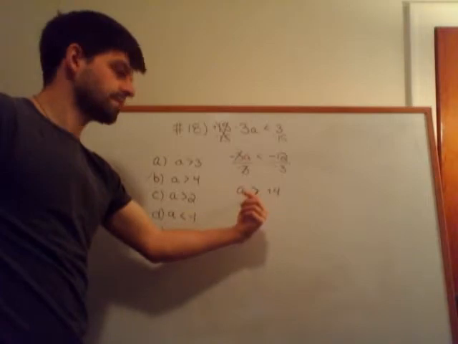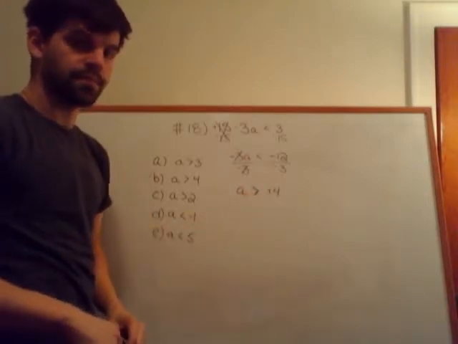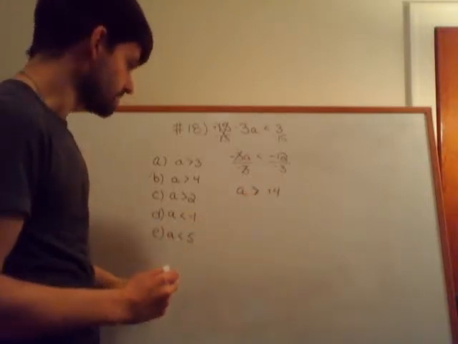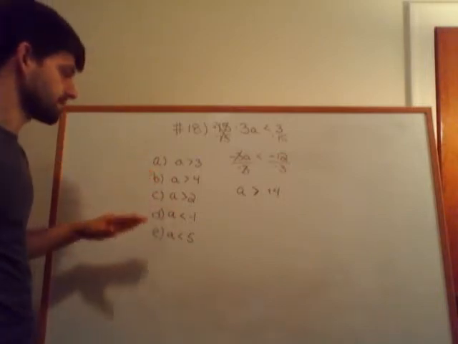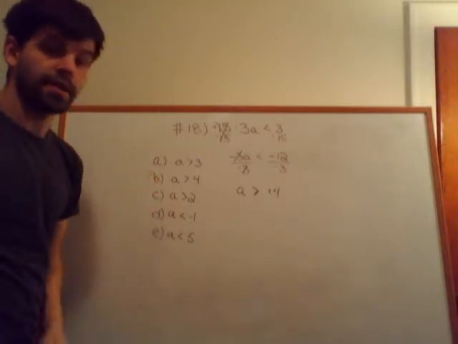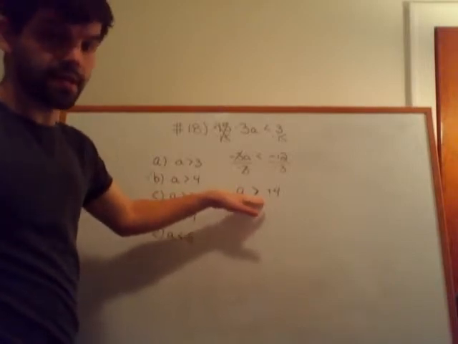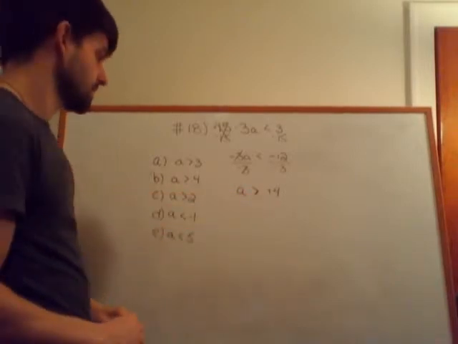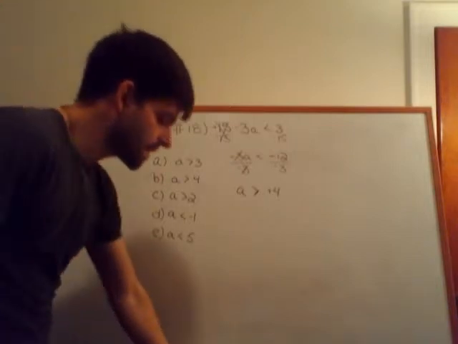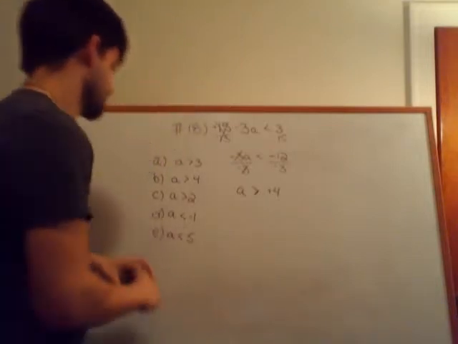You simply just have to flip the sign itself. Okay? Alright, so choice B, a greater than 4, is our answer. And remember, a has to be greater than positive 4. It cannot equal it. Alright, let's look at one more question.